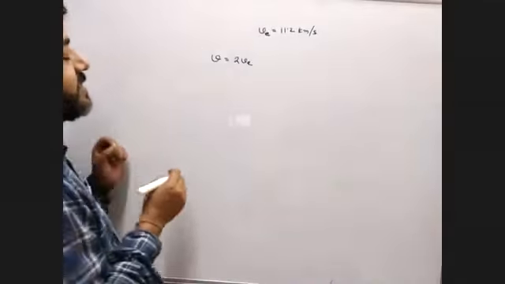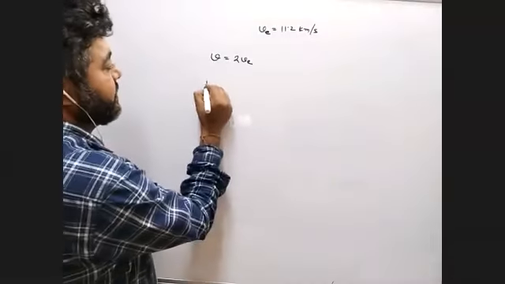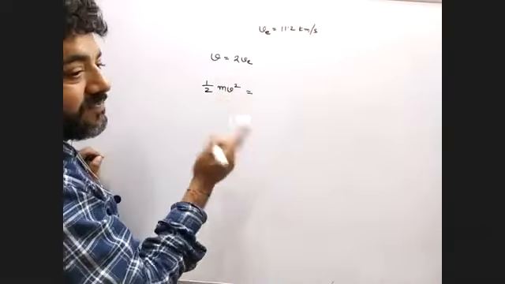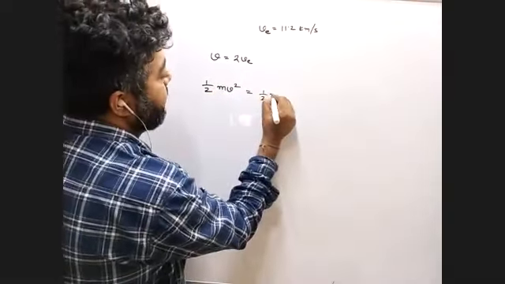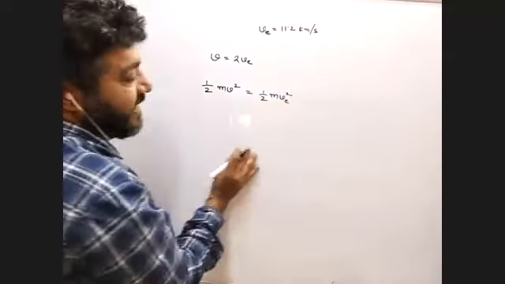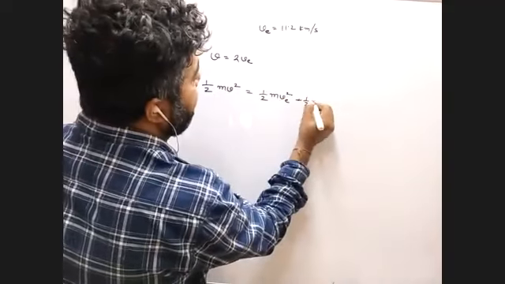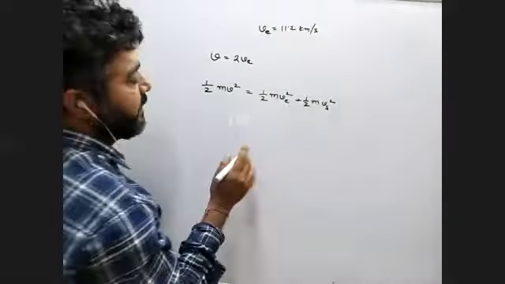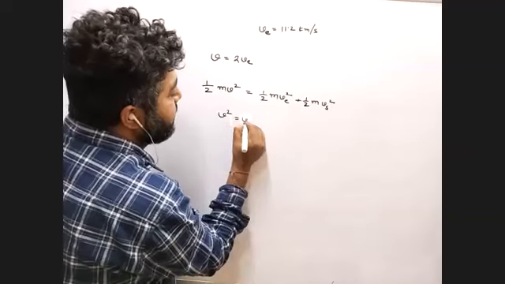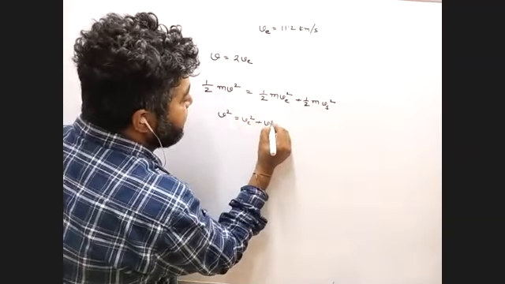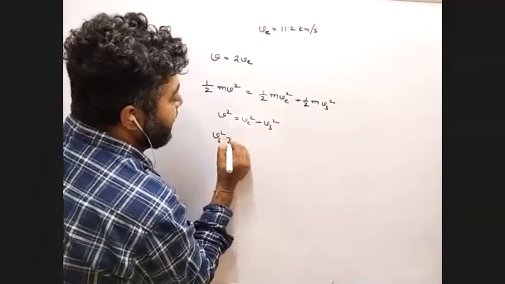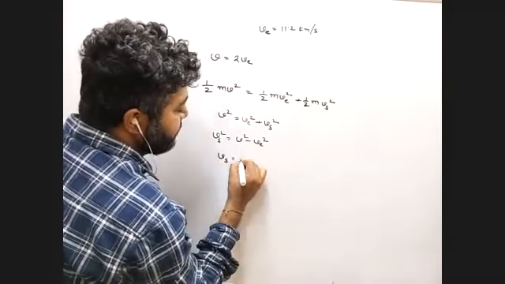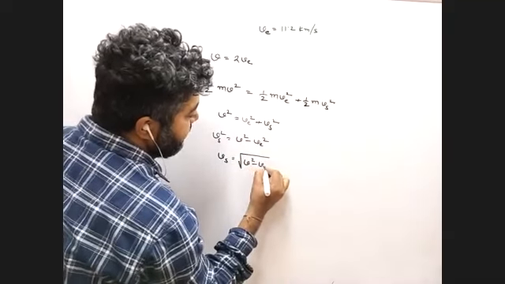The answer is simply to use conservation of energy. Half m v square, the velocity you are projecting it with from the earth surface, equals half m ve square, which is the escape velocity, plus half m vs square, the velocity with which it moves in space. So v square is ve square plus vs square. So vs square is v square minus ve square. Vs is root under v square minus ve square.